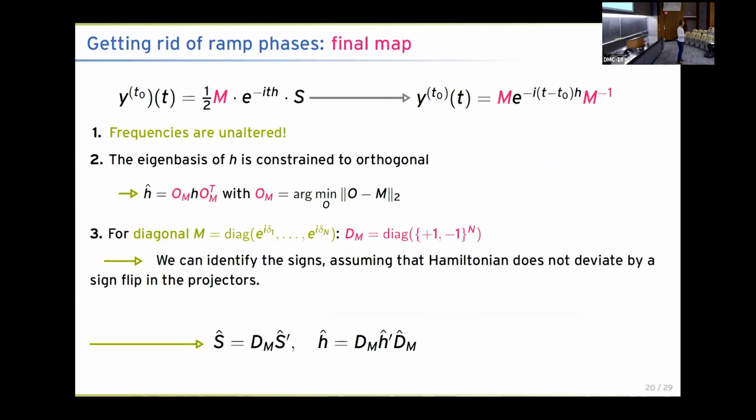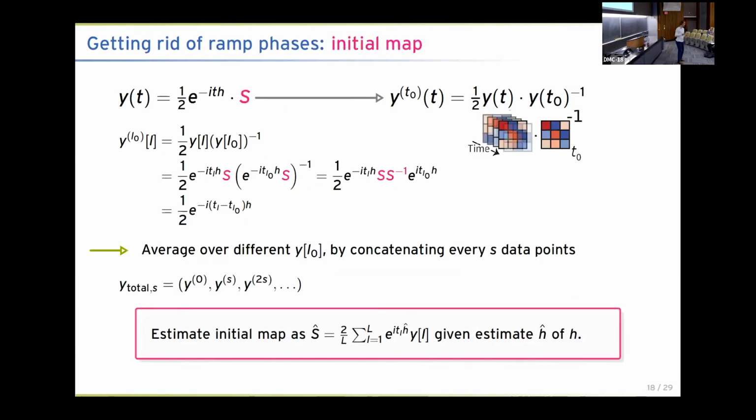In simulations, when we just add a random initial map, just a random linear map, and shot noise or so on, then this essentially recovers the data just as well as if there hadn't been one. And then in experiments, we see that if we don't do that, we just get a mess. If we do that, it looks nice.